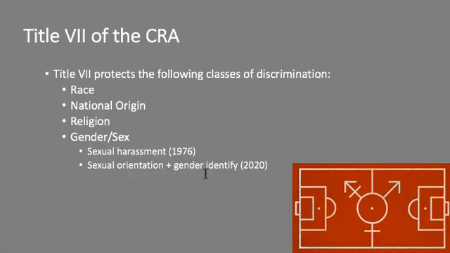So that means since that court decision in 2020, someone who believes they've been discriminated against because of their sexual orientation or because they identify as a gender other than their biological sex can now file a lawsuit under Title VII of the Civil Rights Act. So think of it as basically this tent where we're bringing in more groups of people to have coverage and protection under the law. And that's really what's happened since 1964, since the law has passed.